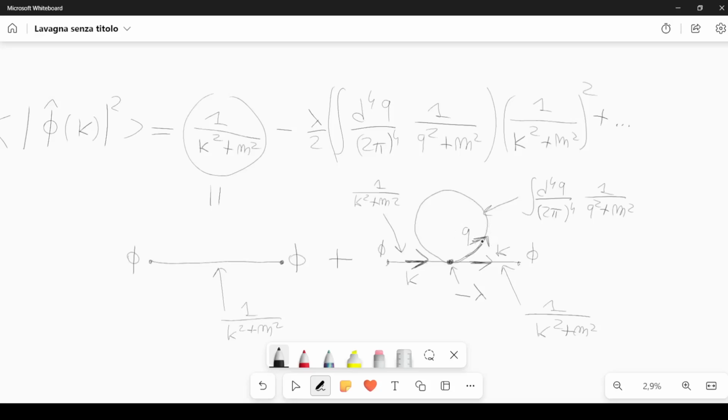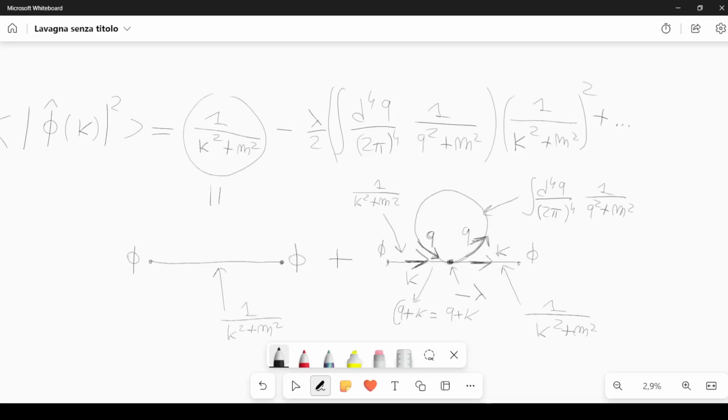In principle, it can also enter. Then it will enter the vertex here. This is to say that momentum conservation does not allow you to determine q. So you have q plus k, which is the amount of momentum that enters this point, or if you want the loop, this is equal to q plus k, which is the amount that exits the vertex. Here you have q plus k.